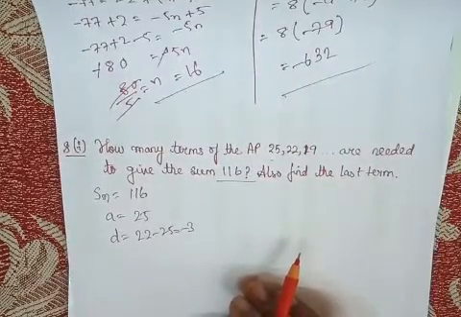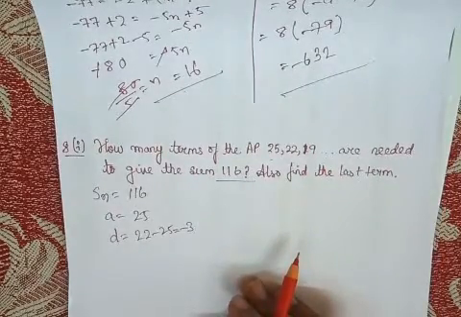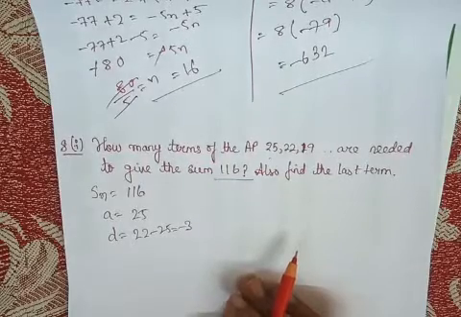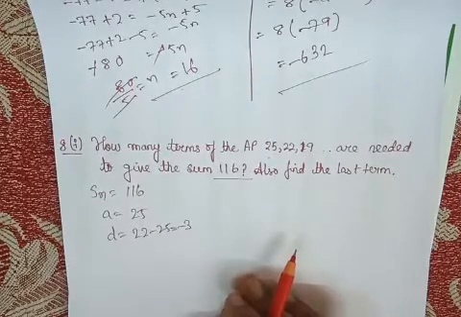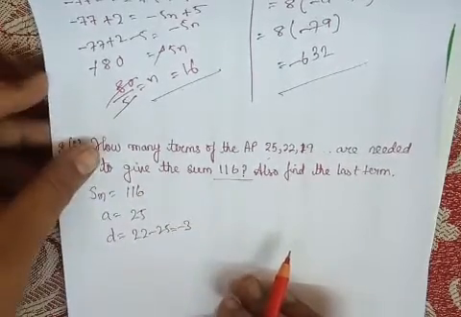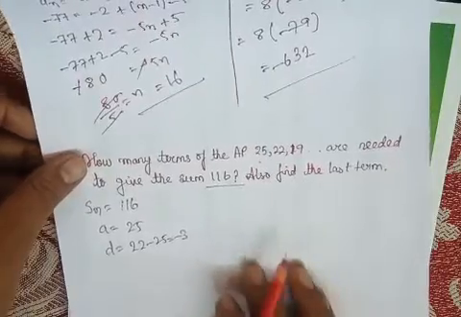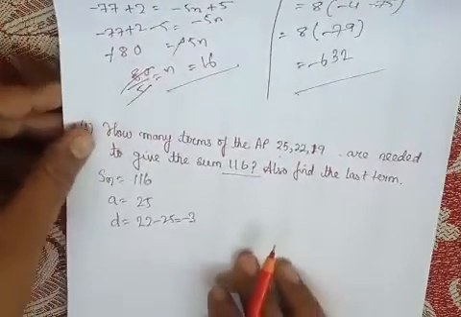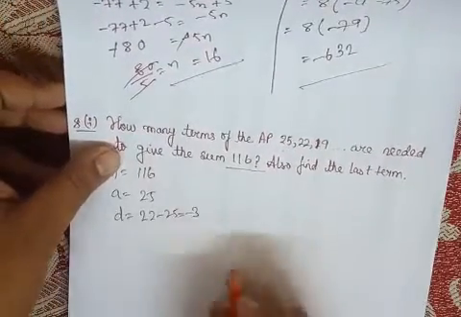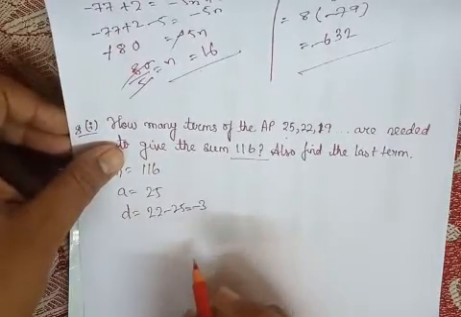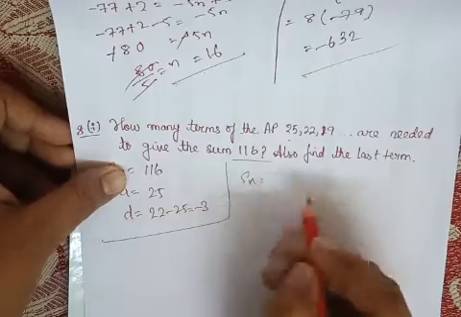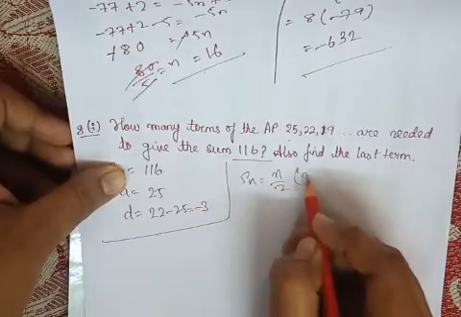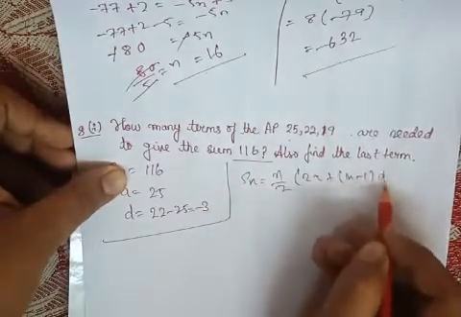Now we need to find the value of n. As we know the formula, Sn is equal to n by 2, 2a plus n minus 1 d.